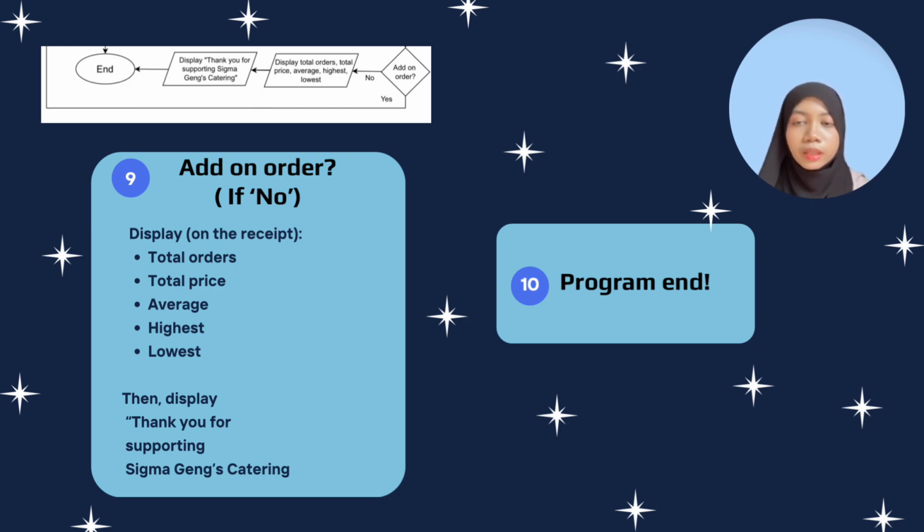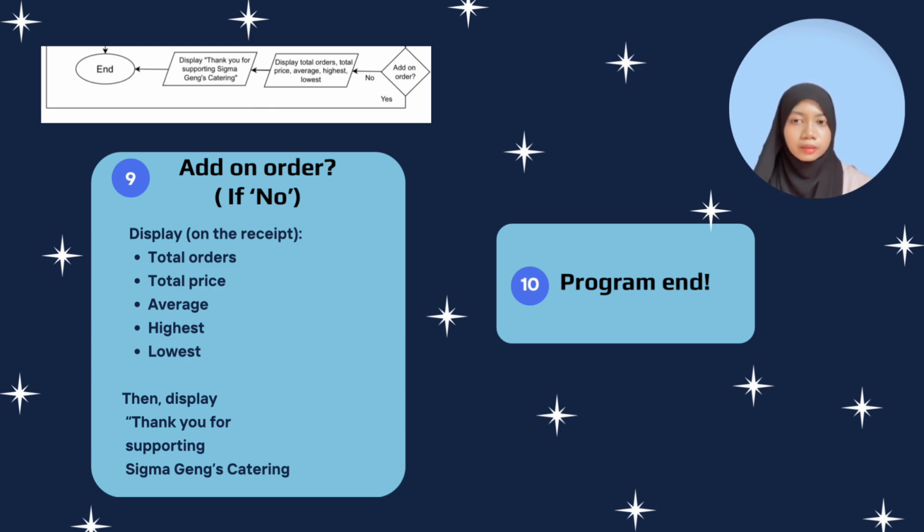The summary will include total orders, total price, average, highest, and lowest order values. Then, thank you for supporting Sigma Gains Catering will be displayed on the receipt.